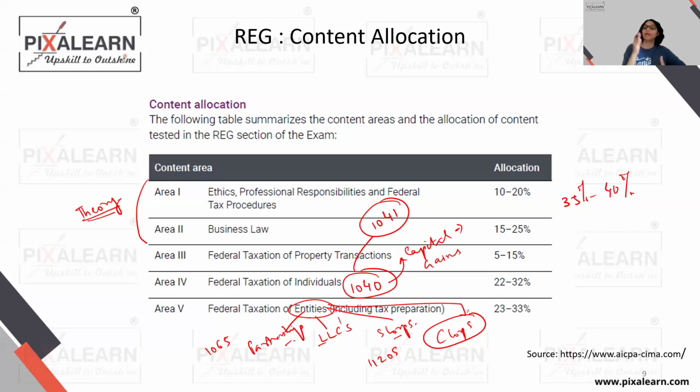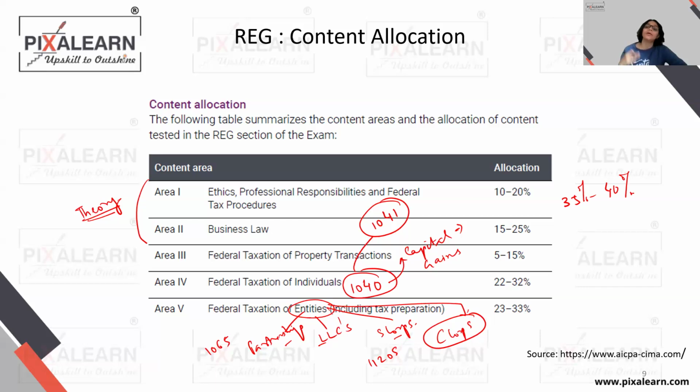We'll see all about that later. Initially we'll start with 1040. 1040 is huge. There is a lot of stuff that you need to memorize, but it's easy. Once that hard grill is done, then you're done. You'll never get the questions wrong here, ideally. Entity taxation, on the other hand, is completely conceptual. And I think you can draw a lot of parallel between what we do in India and what's happening in the US as far as entity taxation is concerned.